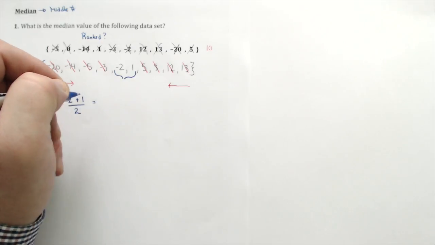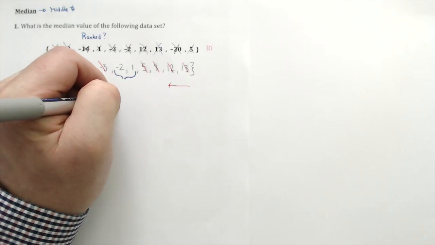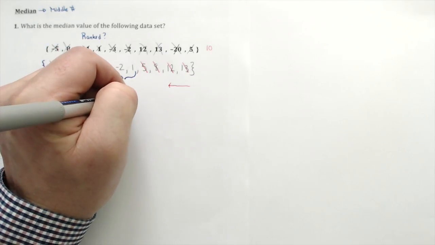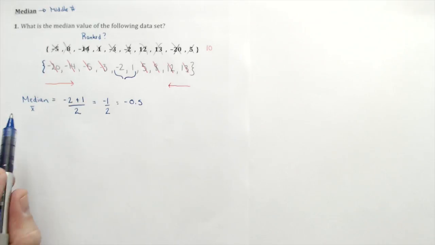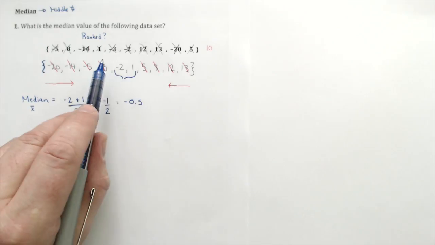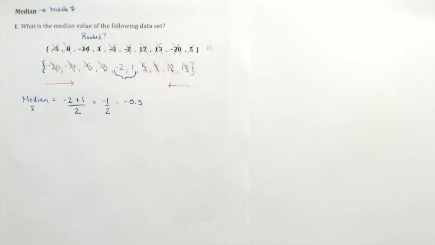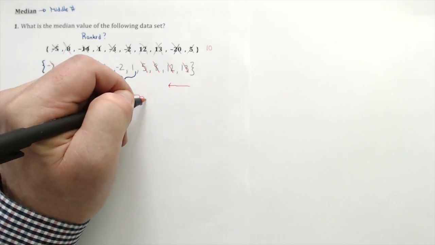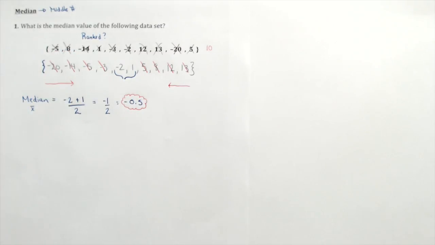Negative 2 plus 1 is negative 1 over 2, equal to negative 0.5. And so for this distribution, rather than one middle number, what we have is the middle two numbers averaged, and that value right there will be our median.